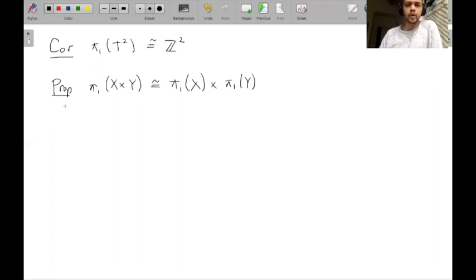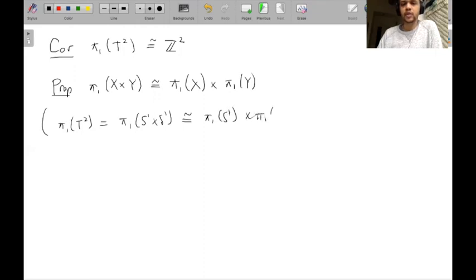So to apply that to the torus, we have pi1 of the torus. This is pi1 of the circle cross the circle, which is isomorphic to pi1 of the circle times pi1 of the circle, which we just computed. And so that's Z times Z.